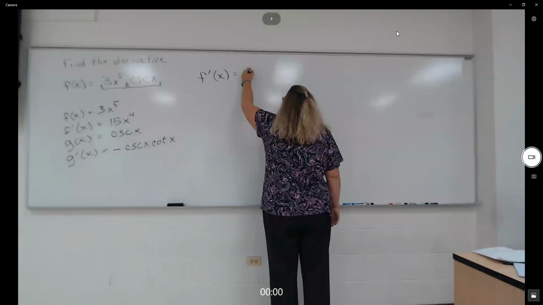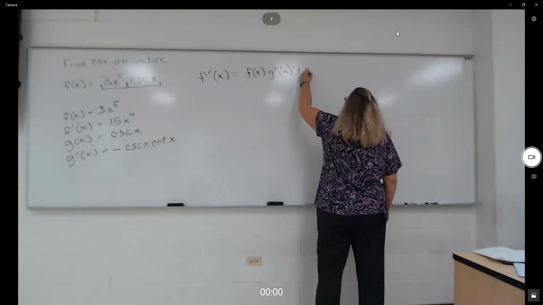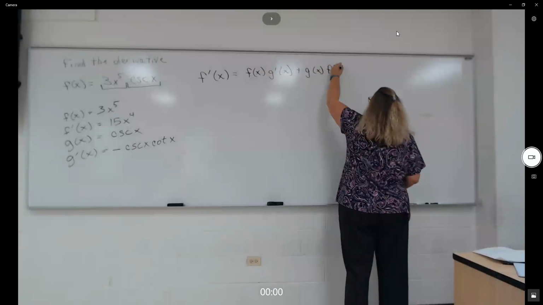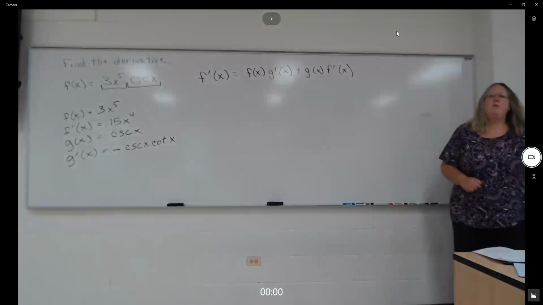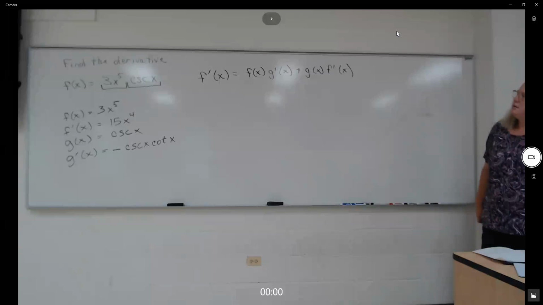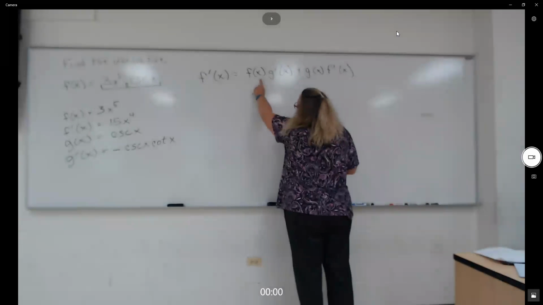First, or we could write this: first times the derivative of the second plus the second times the derivative of the first. Even if you don't write it, just to hear it, that's fine. Or just write it on the top of your paper somewhere. But it's good to hear it, because the more times you hear it, the better.